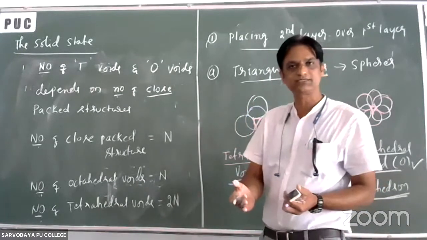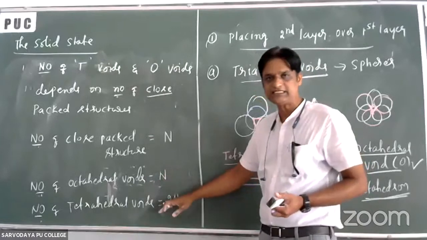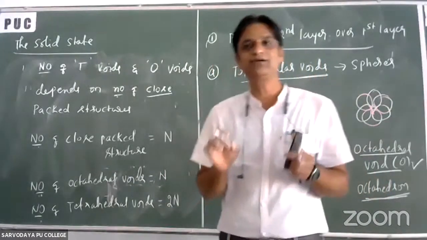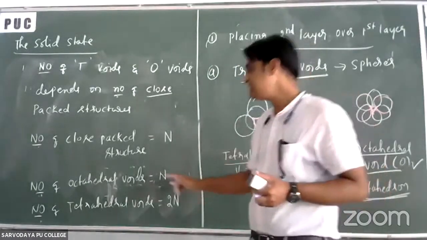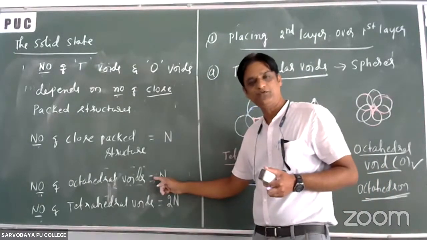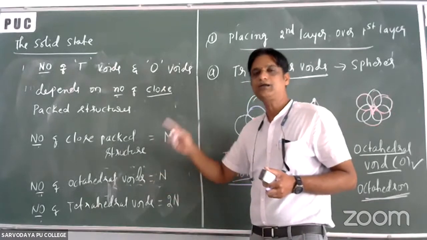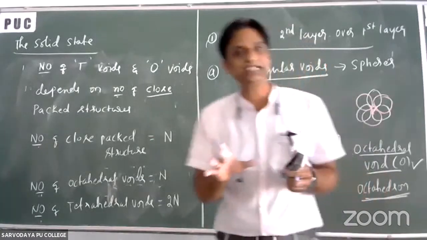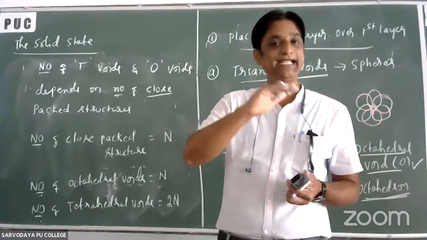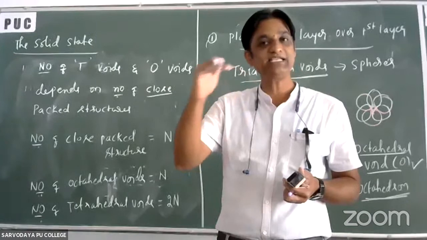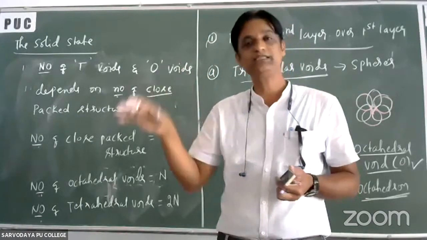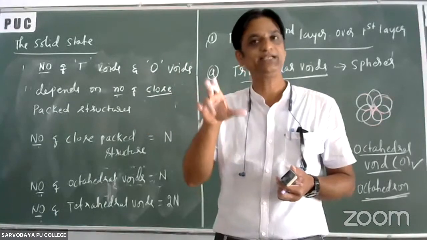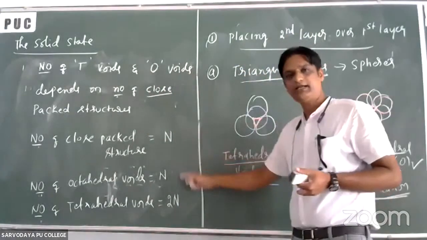The total number of voids, octahedral plus tetrahedral, will be 300. So in a close packed structure, always we can expect two types of voids. One is the octahedral void and another is the tetrahedral void. Okay, so that is produced when the second layer is placed over the first layer with respect to hexagonal close pack structure in 2 dimensions. Very important.